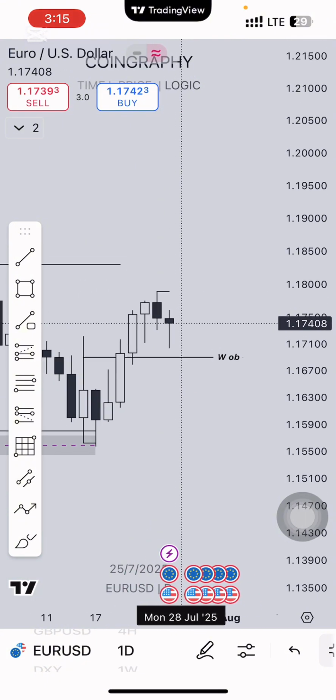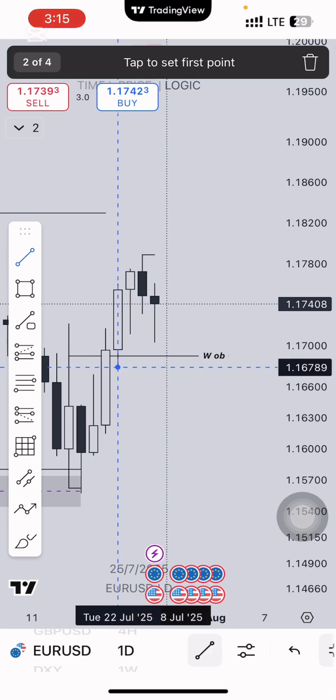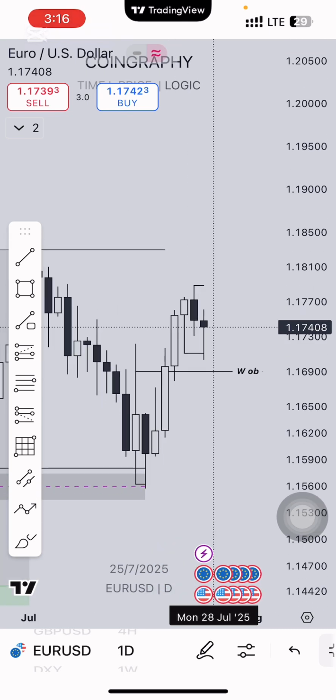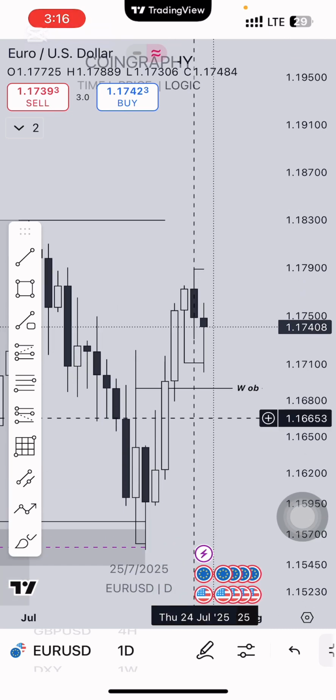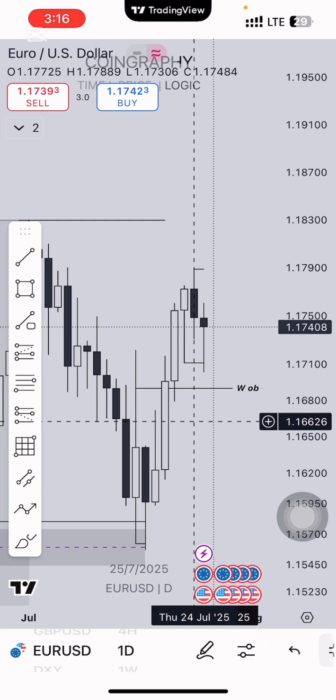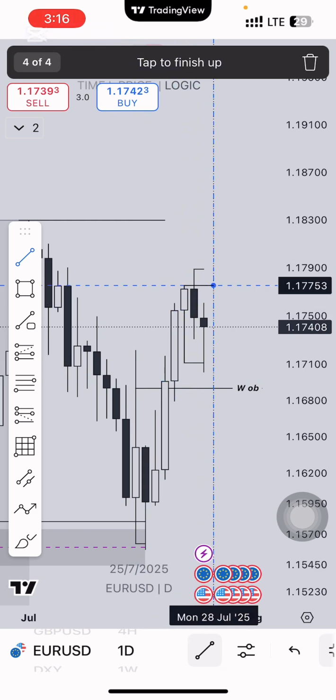Now on the daily time frame, as you can see, we completed Thursday CLT. Now, why is this a CLT? Because we completed Wednesday CLT. Thursday closed inside of the range, while Friday completed the CLT.